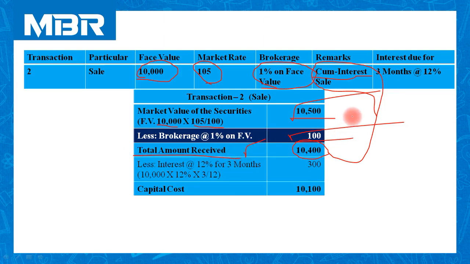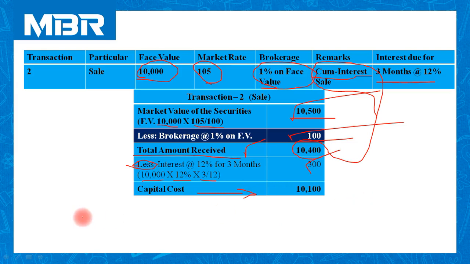Now, in order to calculate the capital cost, we need to deduct the value of the interest accrued or due. Period is 3 months at the rate of 12%. So 10,000 rupees face value, 12% rate of interest, and months 3, 300 rupees. So capital cost of this investment is 10,100.